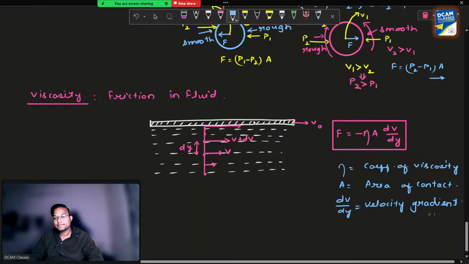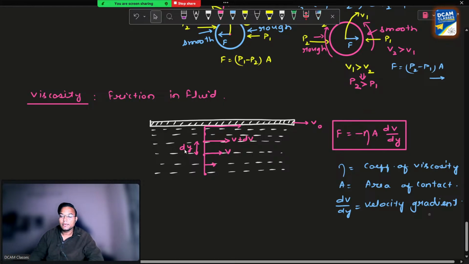If the bottom surface has velocity v, the increased velocity is v plus dv. So dv is the increase in velocity, and the increase in height is dy. So the velocity gradient is dv by dy.